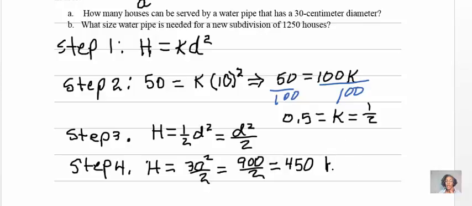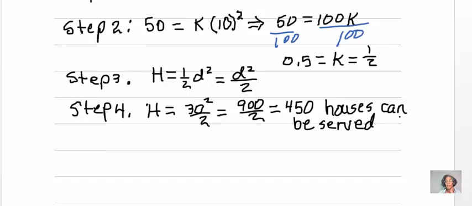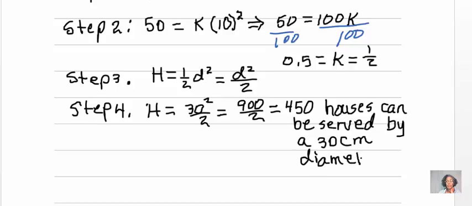So 450 houses can be served by a 30 centimeter diameter pipe. So that's part A of this problem.